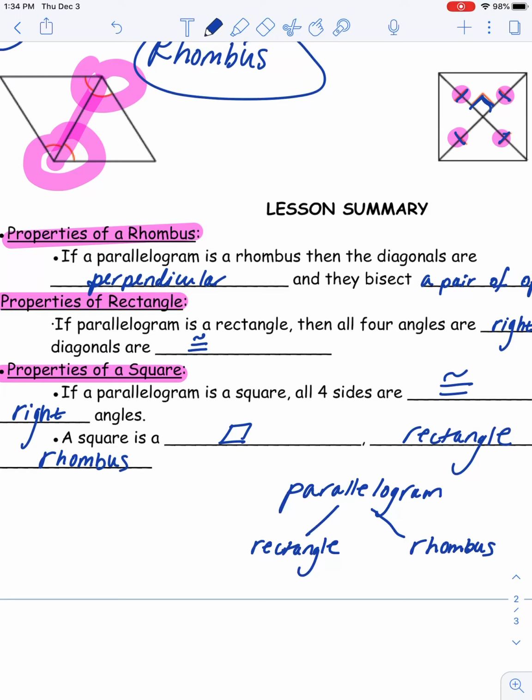A rectangle is not a rhombus ever, and a rhombus is never a rectangle. The square holds the properties of all of them. Because the square is down here, it has the properties of everything above it. So a square has properties of a rhombus, a parallelogram, and a rectangle.